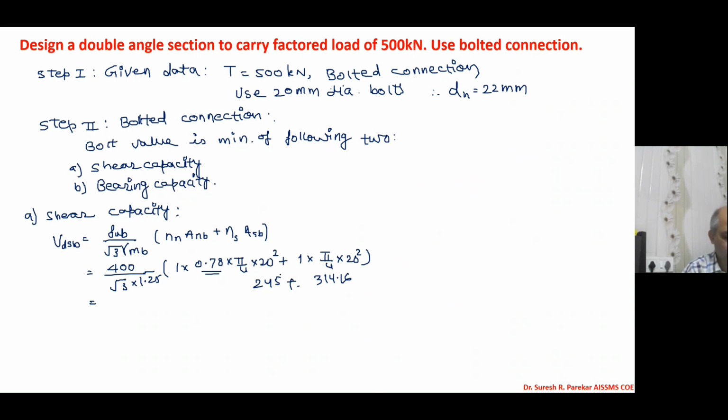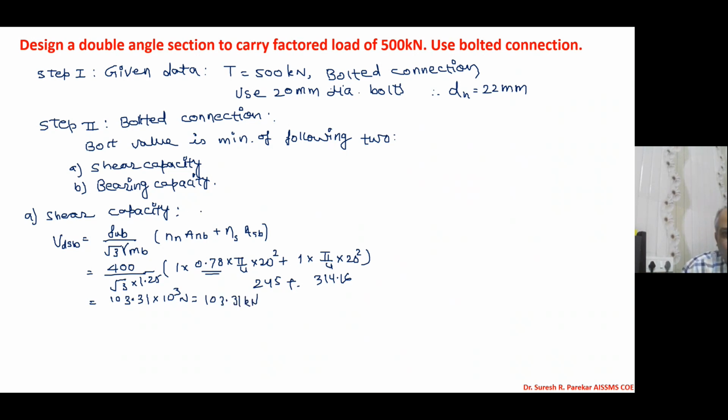Plus 314.16, multiplied by 400 divided by root 3 divided by 1.25, gives 103.31. I will directly write 10 raised to 3 Newton, or 103.31 kilonewton.